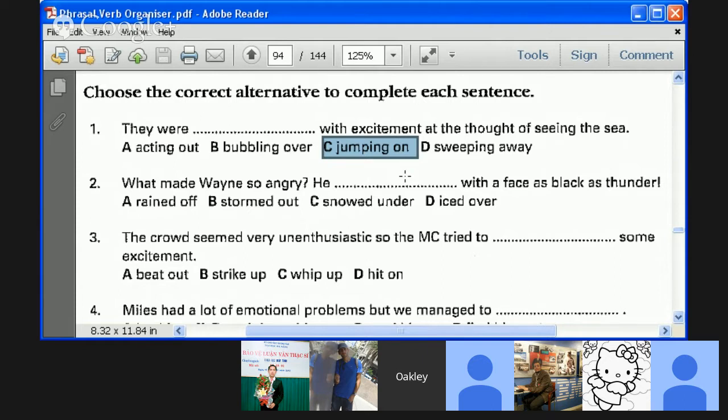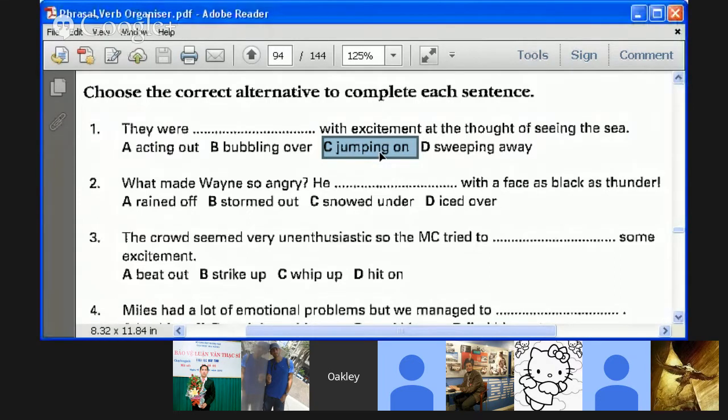Jumping on, no, that doesn't quite work. Jumping on is usually just used physically: you jump on the car, for example. We have idioms that include jumping on, but by itself, it's just used in a physical way. Okay, Khaled, do you have another guess?